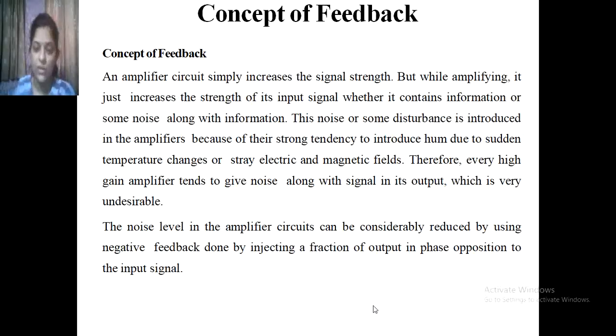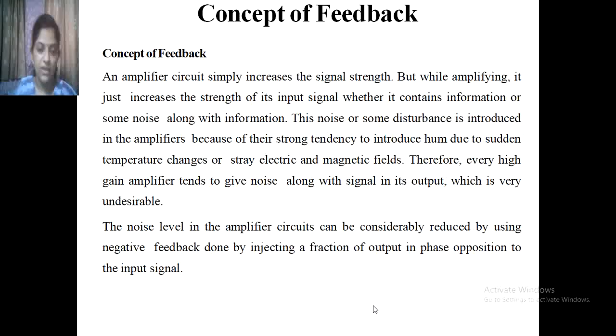And why does noise occur during amplification? Because disturbance is introduced in amplifiers, which introduce hum due to sudden temperature changes or stray electric and magnetic fields. Therefore, a very high gain amplifier tends to give noise along with the signal in its output, which is undesirable.